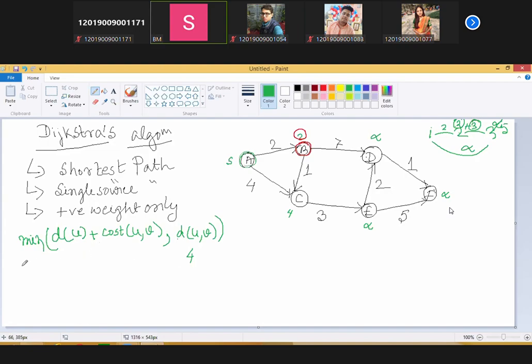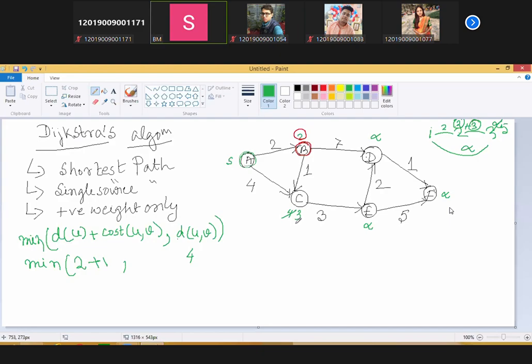So this is 4, and the distance through B is 2 plus the cost of B to C, which is 1. So this is 2 plus 1, 3, and the direct one is 4. So this will be updated with 3. From now onwards, we will consider that the distance of A to C is 3, not 4, because through B the updated distance is 3.